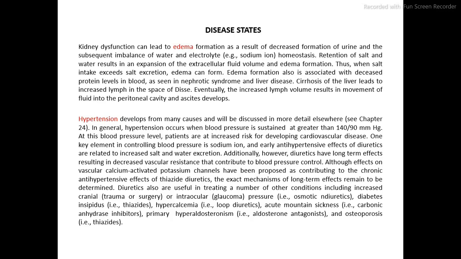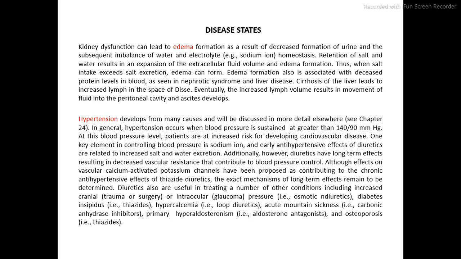If the kidney is not working, then the salt and water which are generally excreted through the urine are not excreted, so they just remain in our body. So the person becomes fatty, and the edema is formed, right?